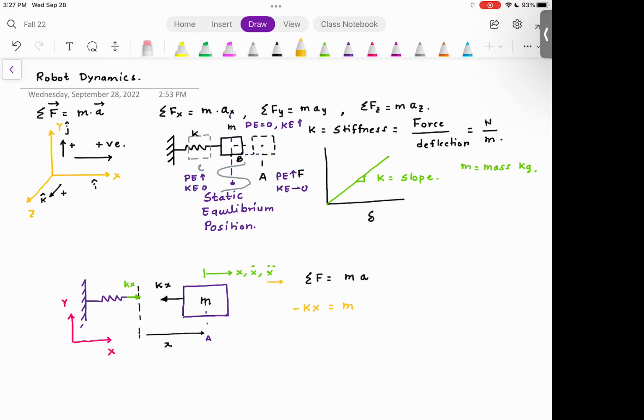Please note, acceleration is in the same direction as the positive x direction. So this is going to be mx double dot. Which means my differential equation of motion is mx double dot plus kx is equal to 0. This is the differential equation of motion for this spring mass system. Do you agree with me?